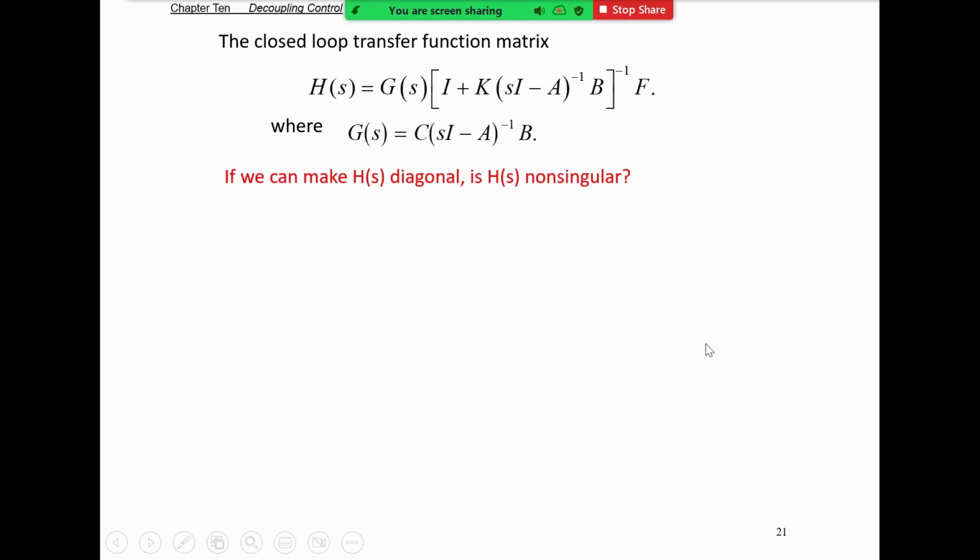Of course, diagonal matrix, non-zero. Just look, H is a matrix, G is a matrix, so this is a matrix times another matrix. If H is non-singular, how about this G? Do we require G to be non-singular?